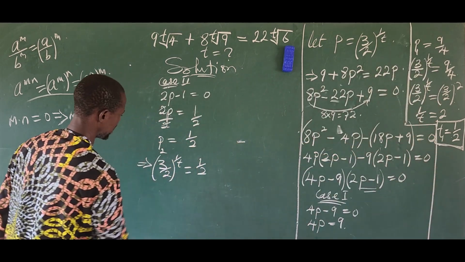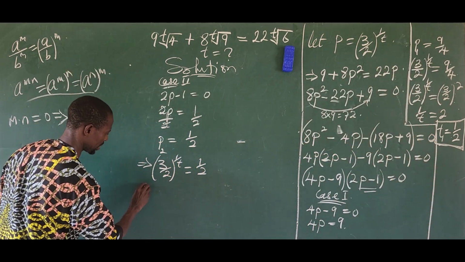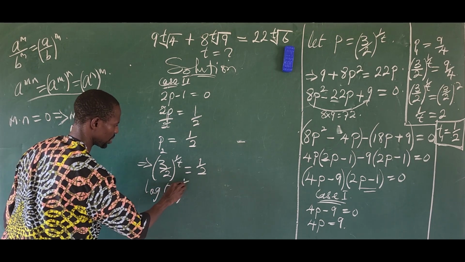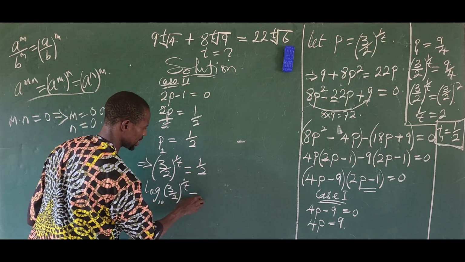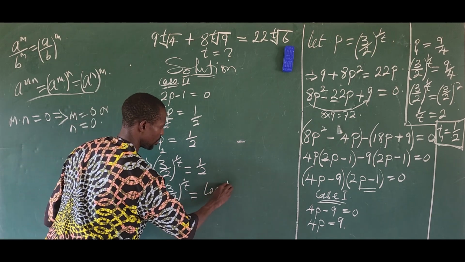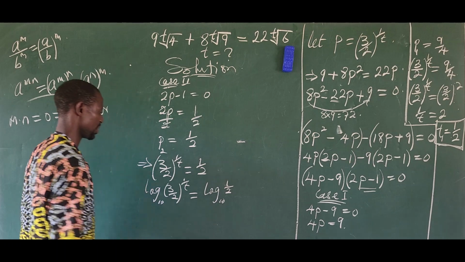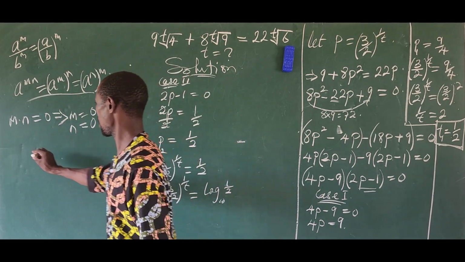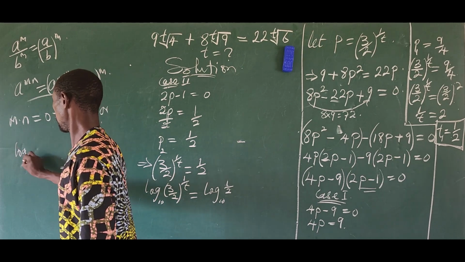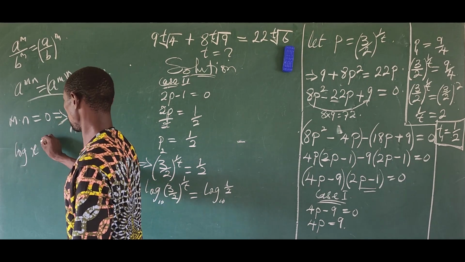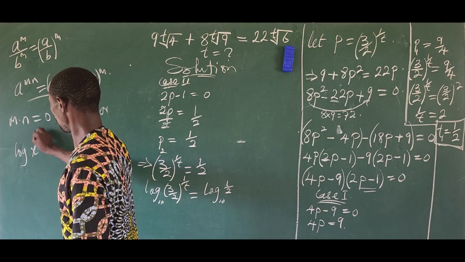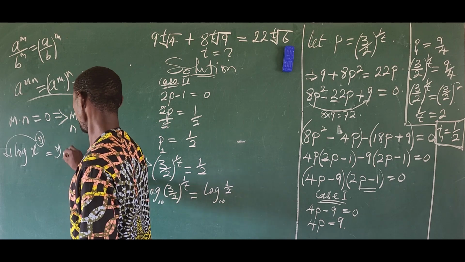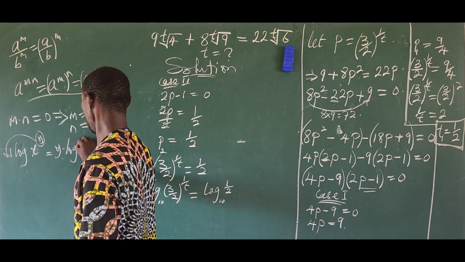If I log both sides, we have log of (3/2) raised to 1 over t, base 10, equal to log of 1 over 2, base 10. We apply the law of logarithm, which says that if you have log of x raised to the power of y, then move the power backward, giving y times log x.